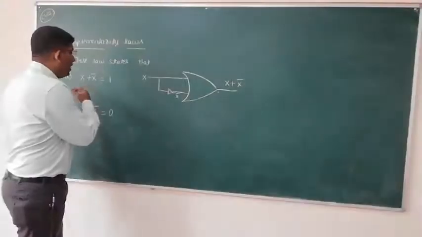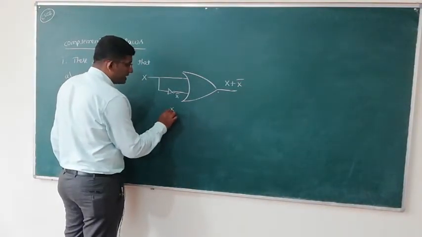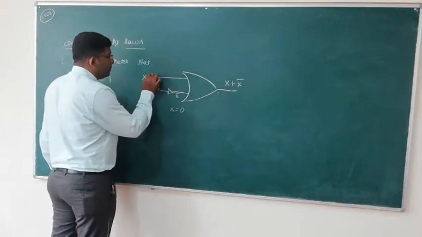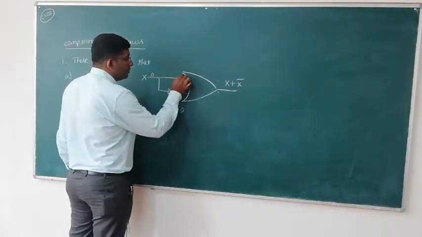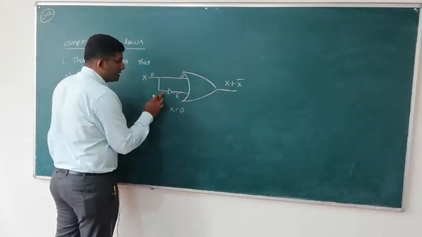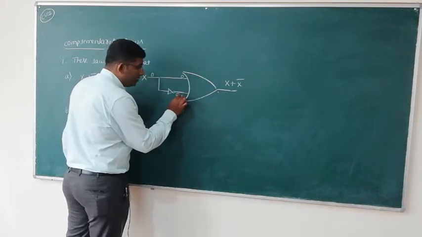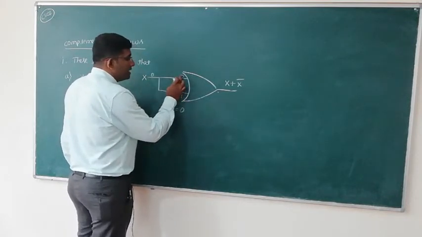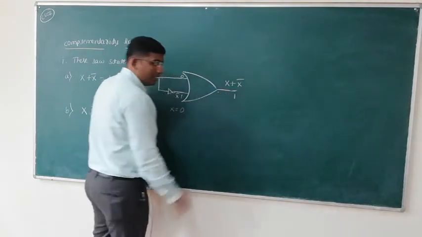So how is x plus x bar equal to 1? If I consider the x value as 0 and input it to the gate, the first input is 0. Because I input the same 0 to the NOT gate, it will complement and become 1. When 0 and 1 are the inputs, the output of the OR gate is always 1.